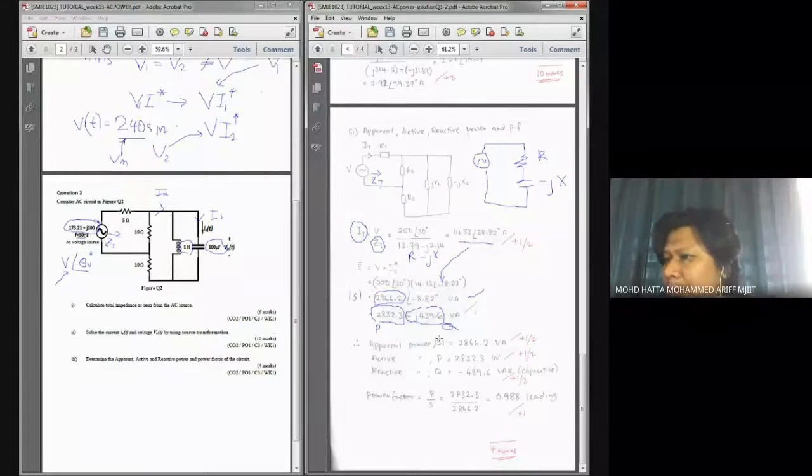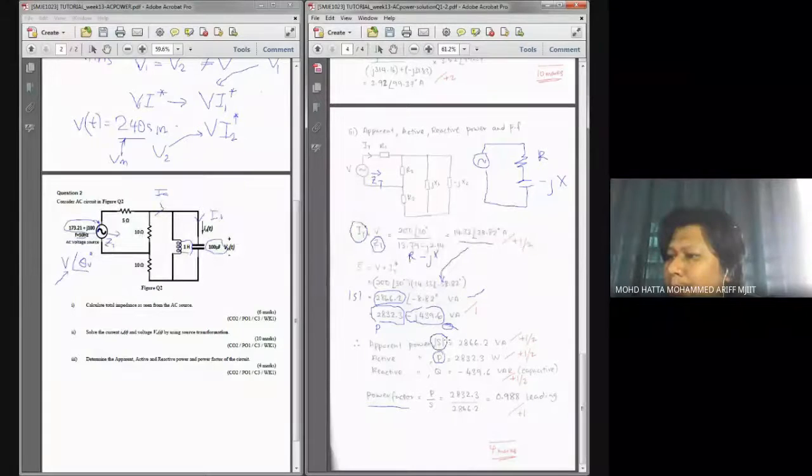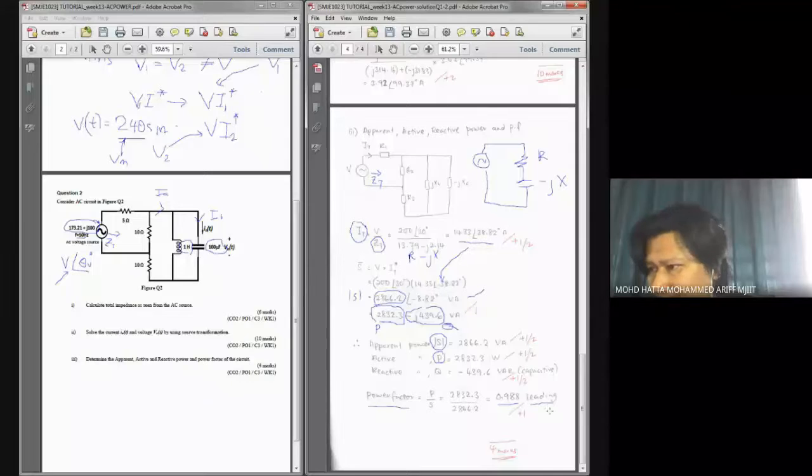I just put all the values in, and at the end, in order to calculate the power factor, I apply this value and also the apparent power value, divide it and get the value of my power factor. And to determine the nature or characteristic of my power factor, I refer back to my reactive power, which gives me a negative value. So it means this power factor should be a leading power factor.